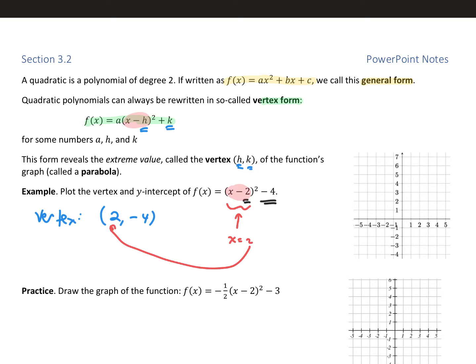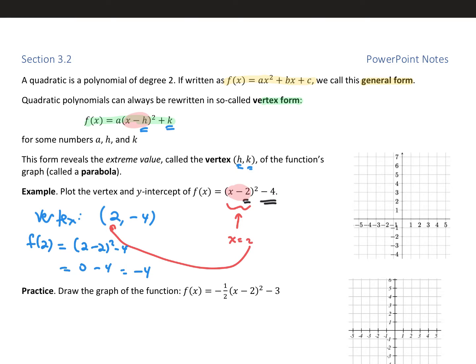Of course, the second coordinate is found by plugging the first coordinate into the formula for the function. So f of 2 is (2 minus 2) squared minus 4, or 0 minus 4, which is negative 4.